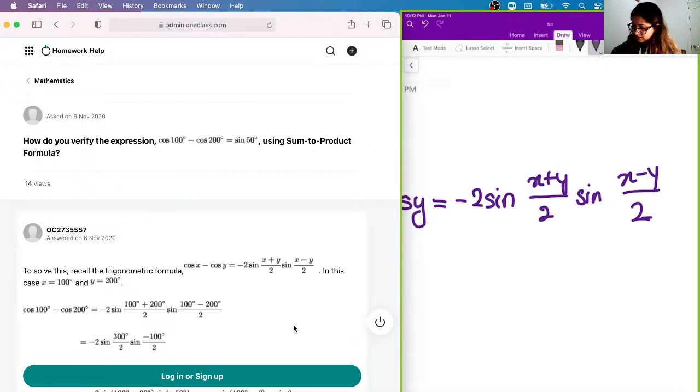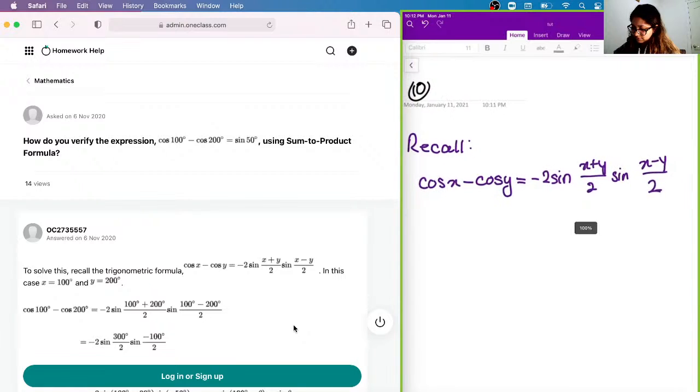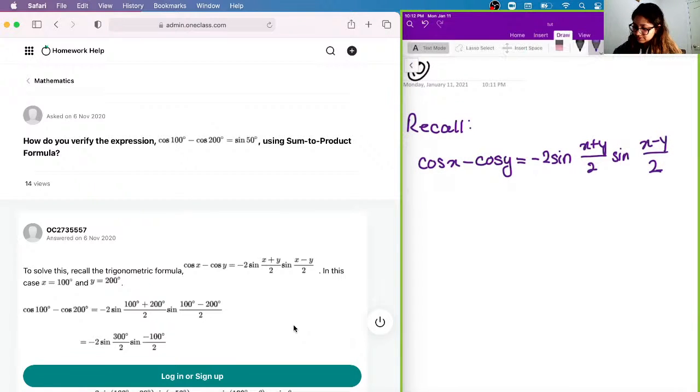So we're going to use this formula to verify the expression.